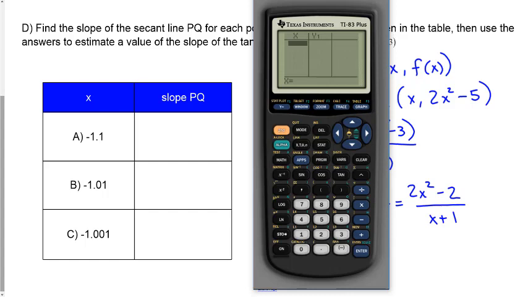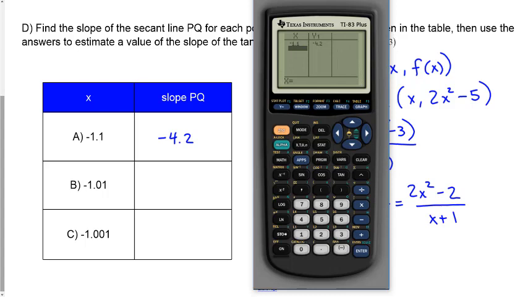So starting with negative 1.1. So this is a point that is close to negative 1, but it's not equal to negative 1. And the y value that I get there is negative 4.2. So I can calculate the slope between x equals negative 1 and x equals negative 1.1 because these are two different points.